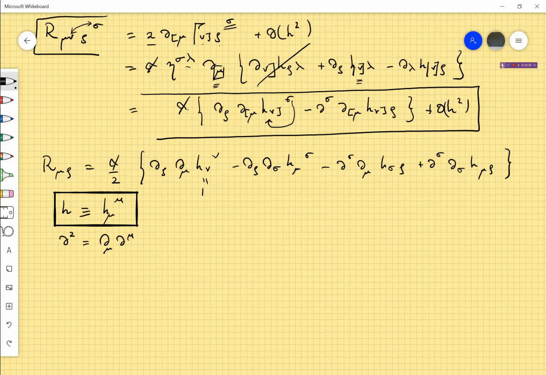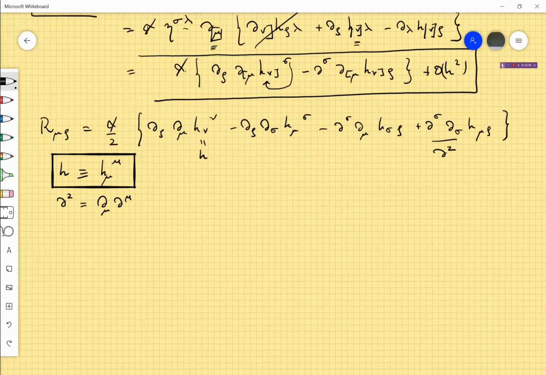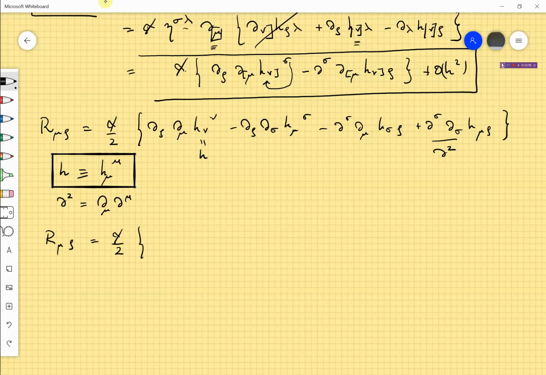So this is h, and this is partial square, and then R mu rho, this is the result, will be chi over 2 partial mu partial rho h minus partial rho partial sigma h mu sigma minus partial sigma partial mu h sigma.